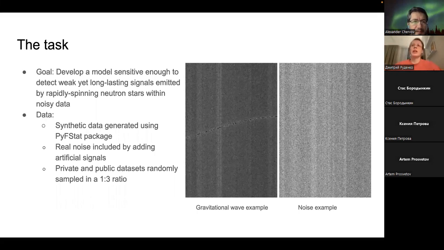Yeah, gravitational waves were found using these exact detectors, but we still didn't manage to detect any neutron spinning star signal. And the idea of this competition was to simulate a neutron spinning star signal and try to figure it out.